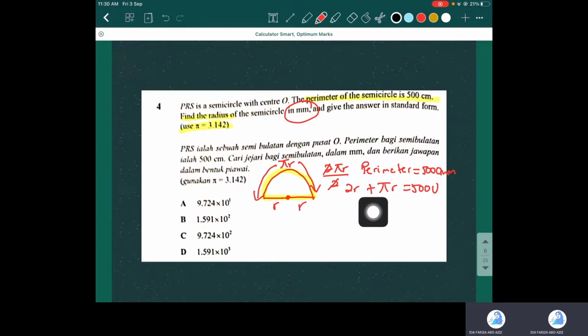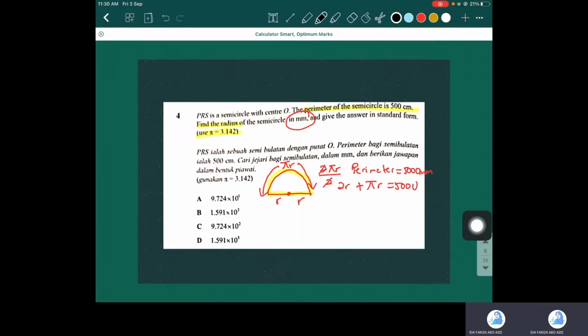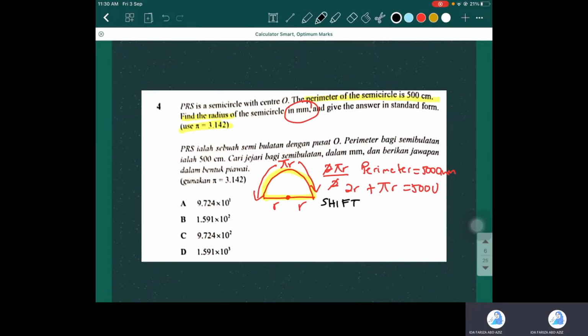So from here in the calculator, kita tak masukkan variable r lah, kita akan tukar dia jadi variable x. In a calculator kita sekarang ni nak guna shift and solve. Alright, shift solve.